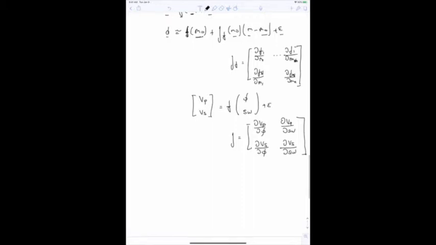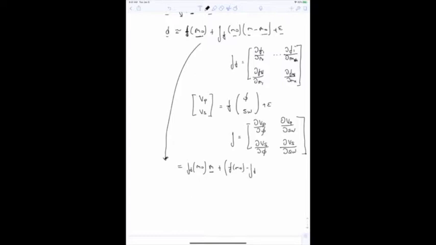Well, now we have to rearrange the terms. So this would be equal to the Jacobian of f computed in m0 times m, plus the value of the function in m0 minus the Jacobian of the function computed in m0 times m0, plus epsilon.